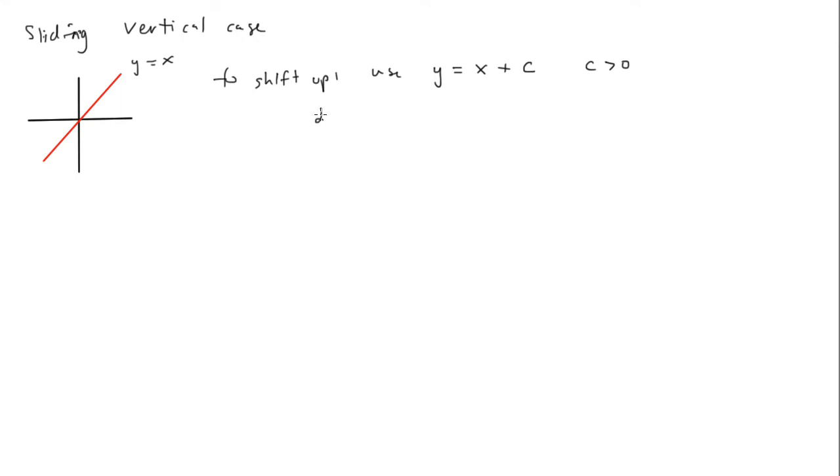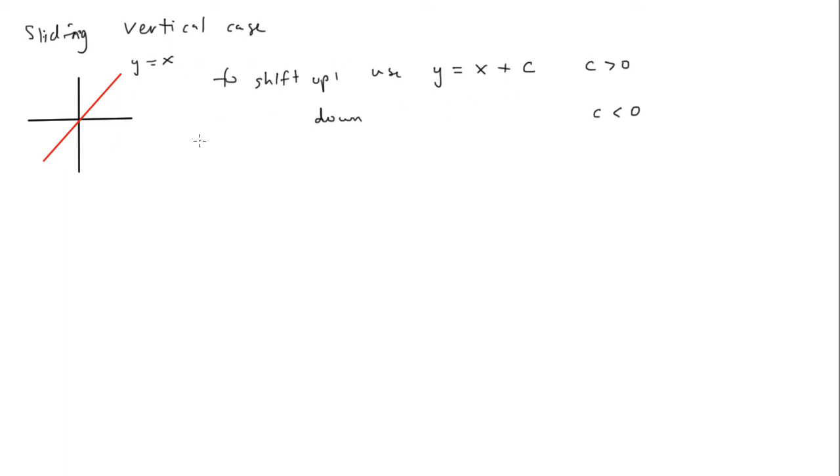And to shift down, do the same thing, but c will be negative. So all that's doing is, for a given point, if you add c, and that's what the y-coordinate is going to be, it moves it up by the appropriate amount c. And if you instead subtract something, or add a negative, same thing, then you're going to be going down.